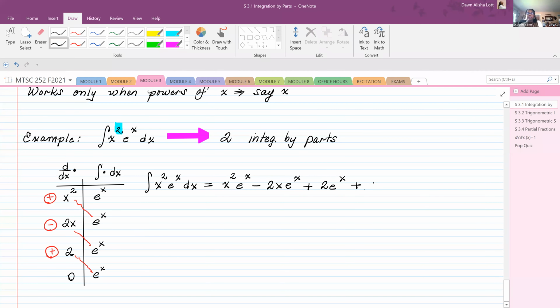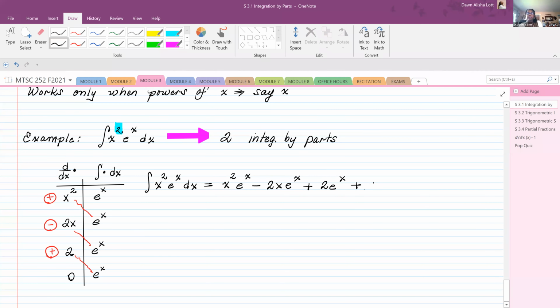Okay, now if this was regular algebra, I'm going to add that integral of e to the x cosine x dx to both sides.